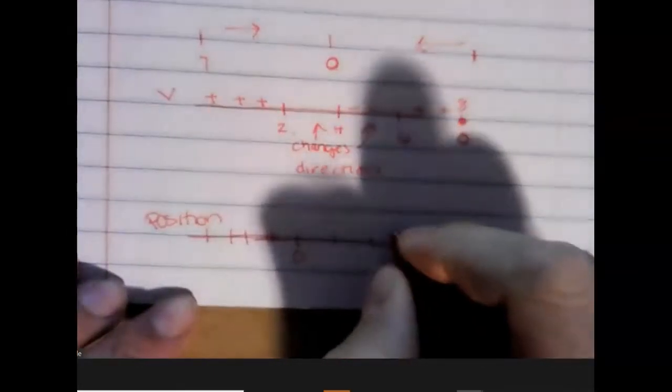And then we also know that the position is 3. On a number line, at the beginning, it's at 3.